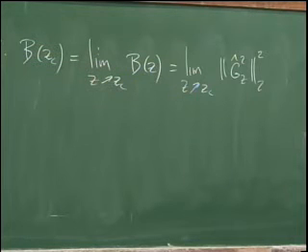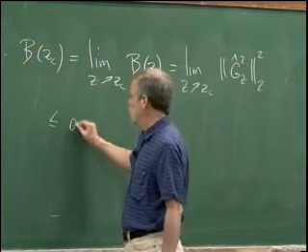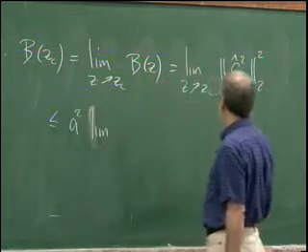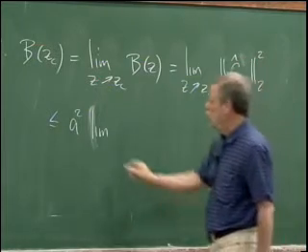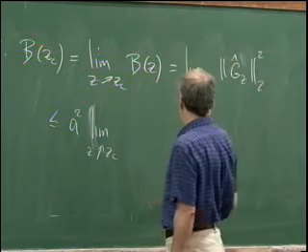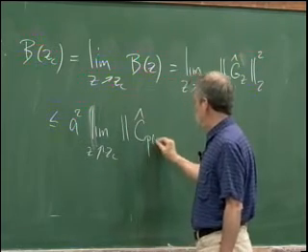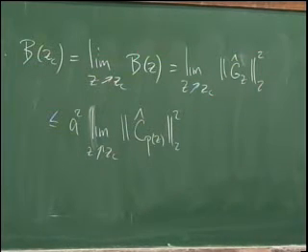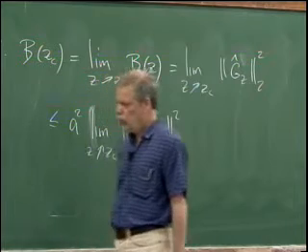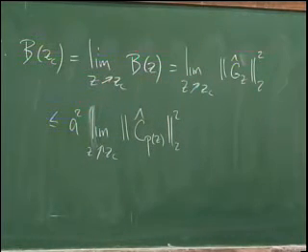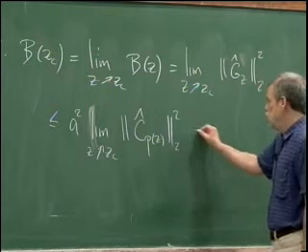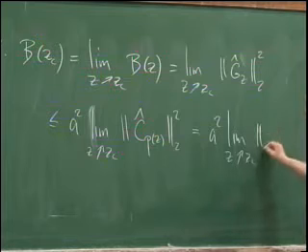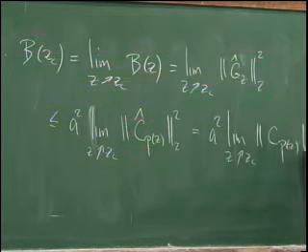And so we can apply this inequality and see that it's less than or equal to a squared times the limit as z approaches zc of the L2 norm squared of c pz hat. I'm just using this inequality inside the integral, which is given by the norm. And this is equal to a squared times the limit as z approaches zc, by Parseval, of the same thing in x space.